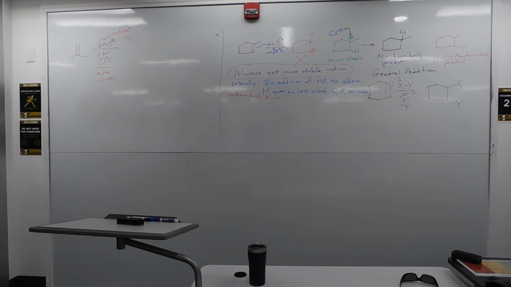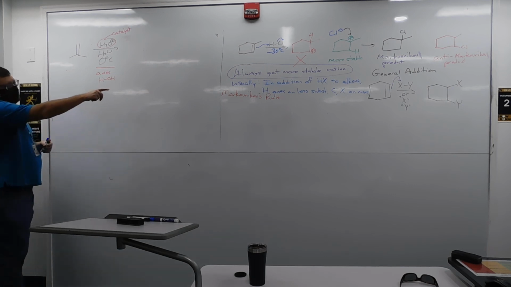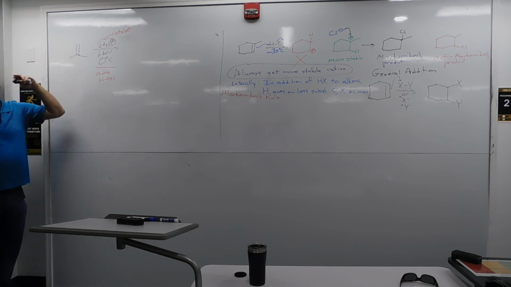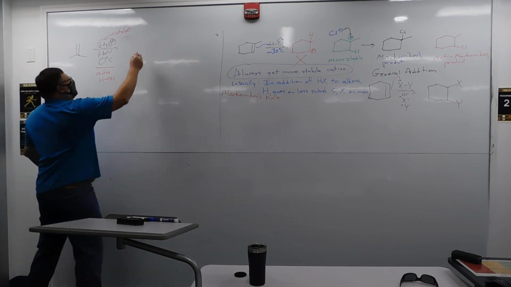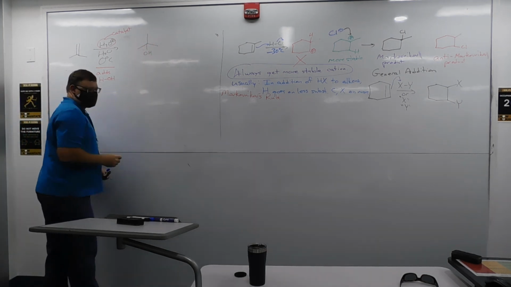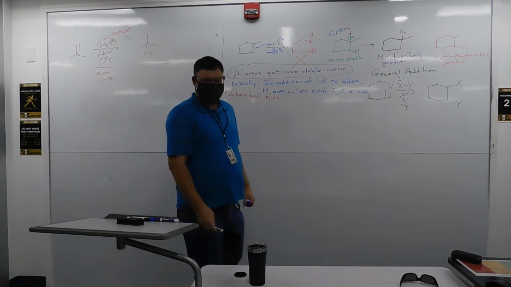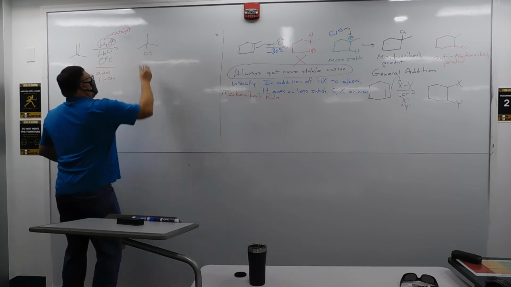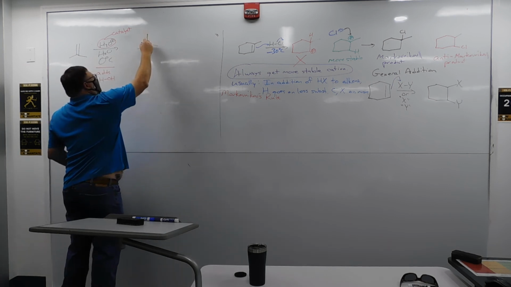Okay, so the product, again, Markovnikov's rule: the H is going to go on the less substituted carbon, the X on the more substituted carbon. Ooh, sorry, that one didn't show up on the board at all.